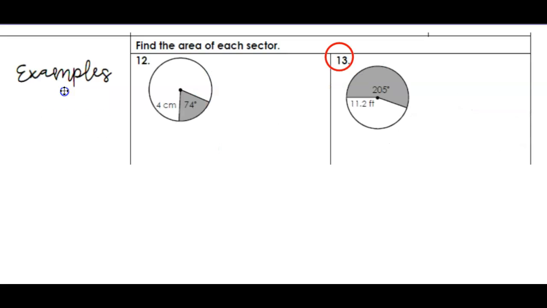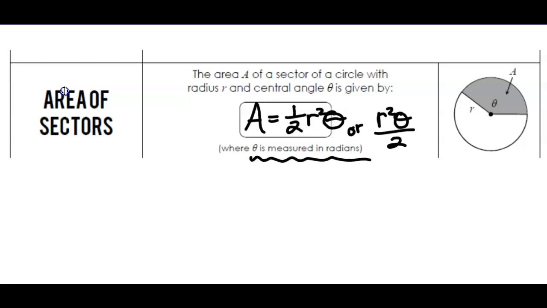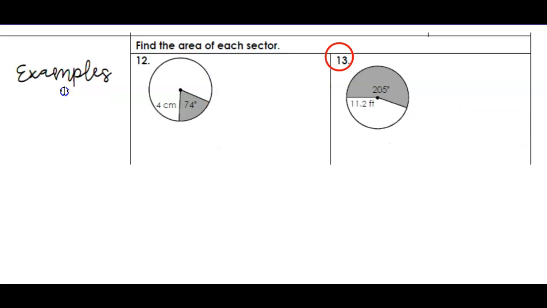So, the thing is, again, radians is the only way this works. So to do this number 13, you can't have 205 degrees. We're trying to find all of the area within this shaded area. So you have to take 205 degrees and change it to radians.